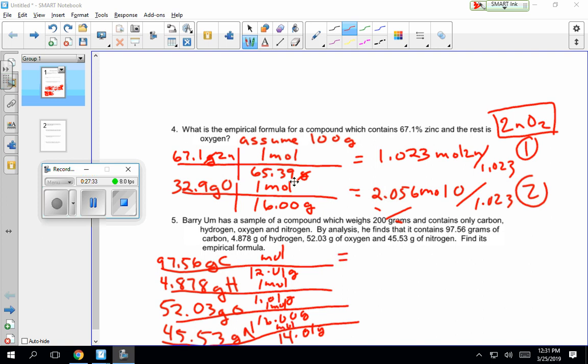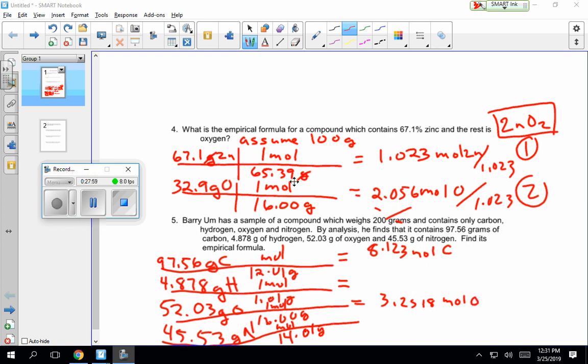Okay, so Zayla, what are you getting here? 8.123 moles of carbon. And then the other one is 3.2518 moles of oxygen.